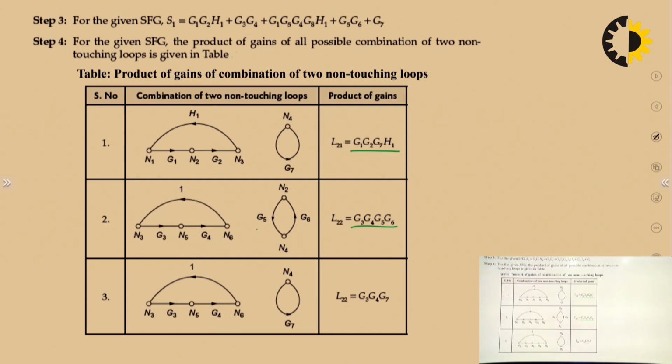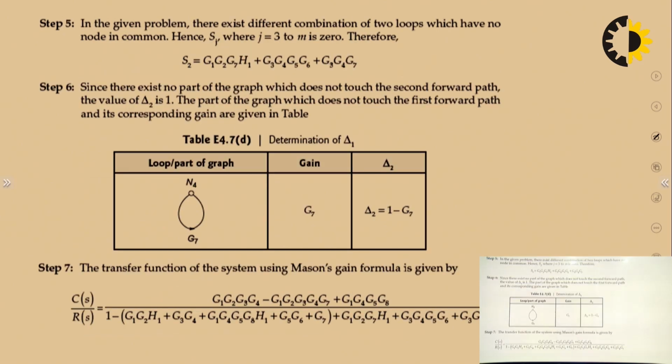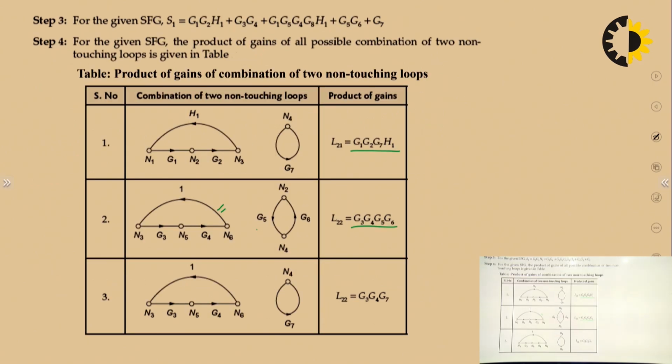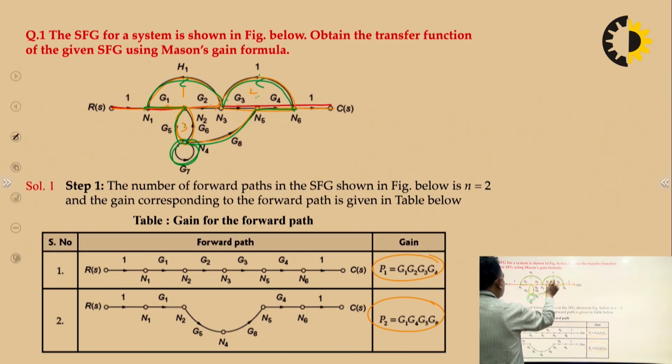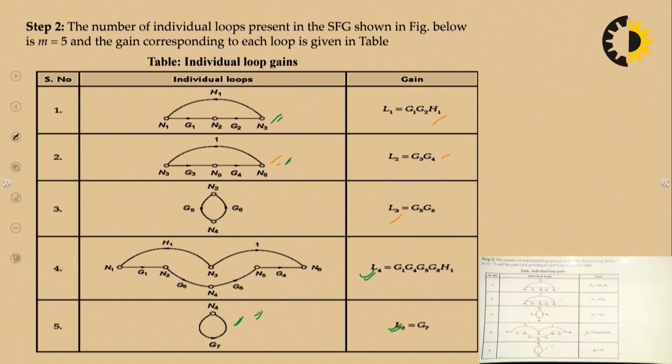And the third one is connected with this loop, making only one pair of two non-touching loops, this and this.